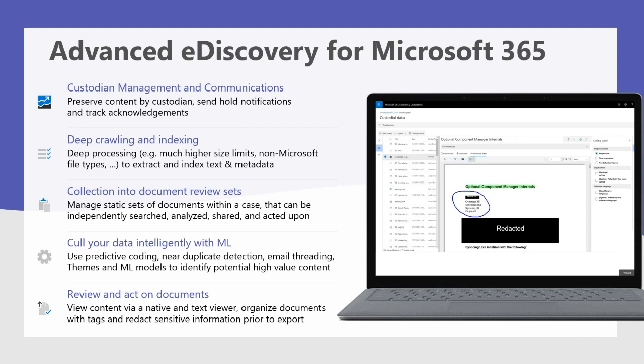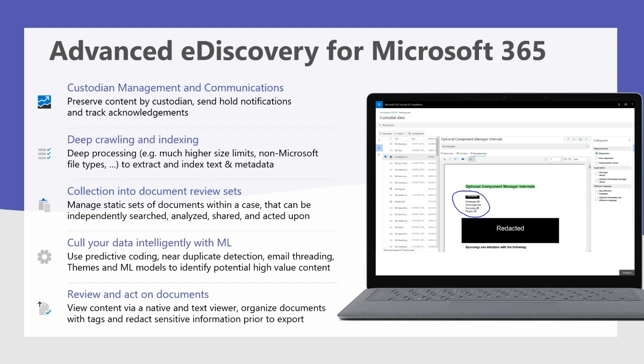The next thing is it can collect things into document review sets that allow you to independently search within a result set, analyze it, tag it, redact it, really take a lot of actions on that content. And then it has machine learning capabilities that will do the email threading that we talked about in communication compliance.